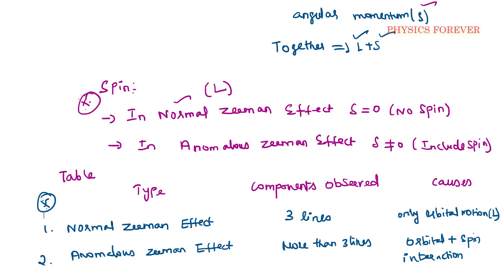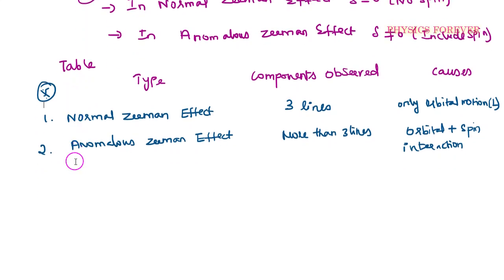Next we move on to some of the theory and formulas for the anomalous Zeeman effect. How can we write the total angular momentum?